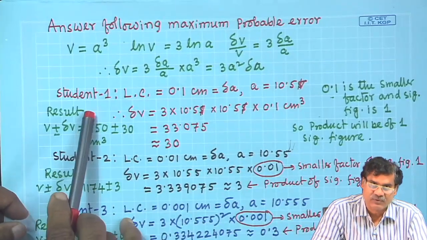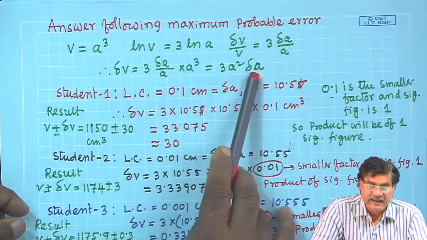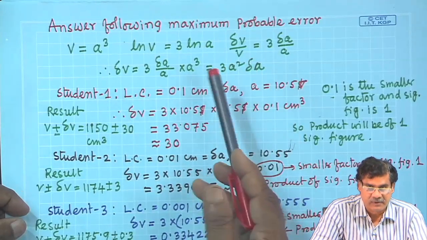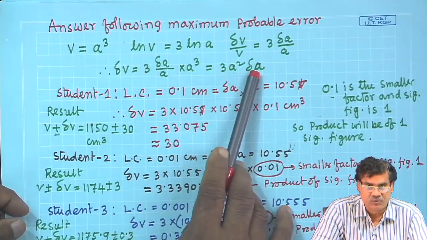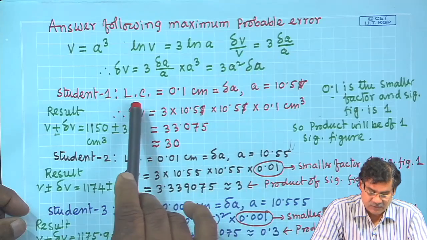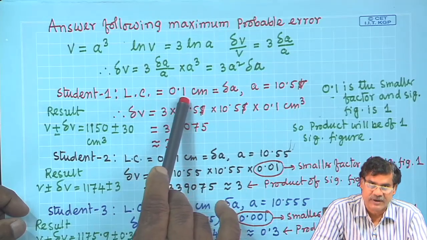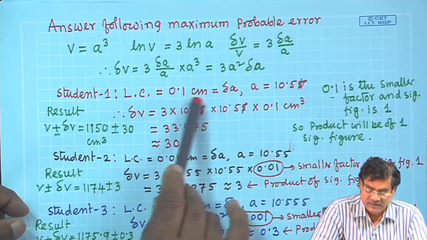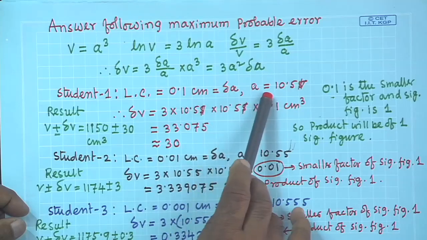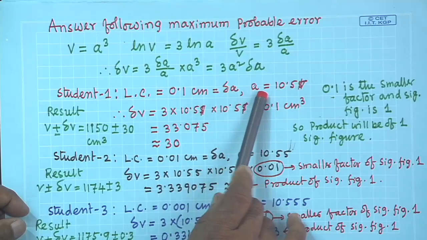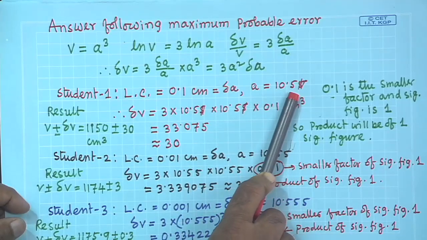So, now for student 1, del A is basically the least count of the instrument used to measure the length. So, the least count for student 1 was 0.1 centimeter, right, and the side was 10.5, right.